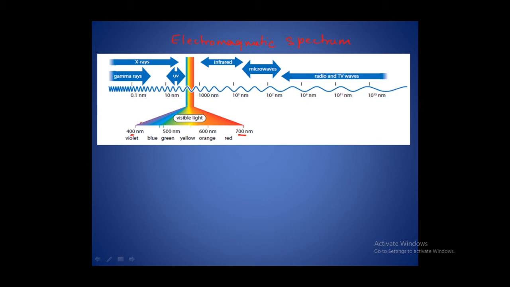This is the light radiation which we are using for observing specimens using a light microscope. And again, I'm just repeating this, if we are using a light microscope, we can have the resolution that is 200 nanometer. Why? Because the minimum light radiation wavelength that can be used using a light microscope is 400 nanometer. Half of 400 is 200, so 200 is the resolution of light microscope.